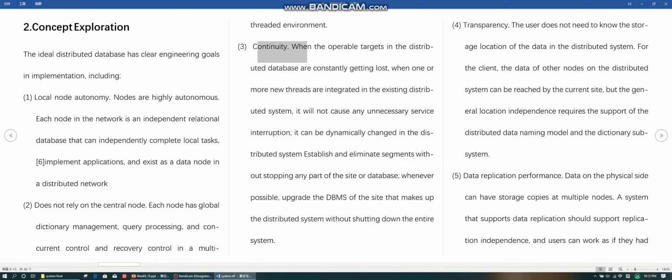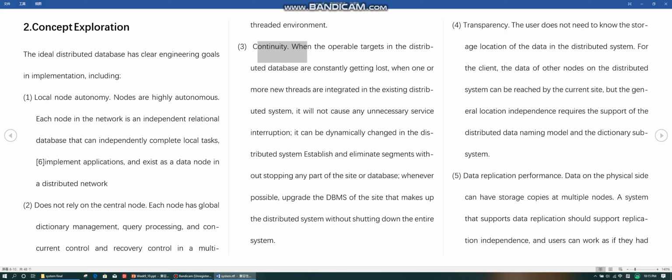And also the distributed system has continuity. When the operable targets in the distributed database are constantly changing, or when one or more new nodes are integrated into the existing distributed system, it will not cause any unnecessary service interruption.